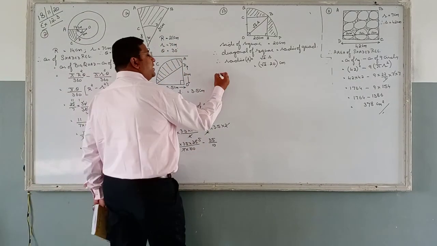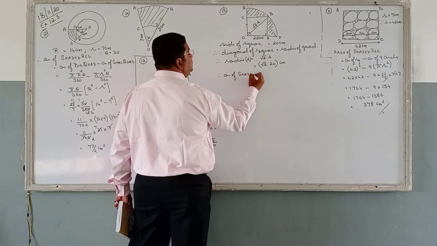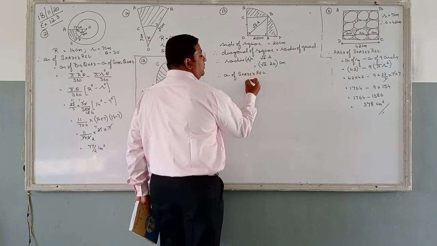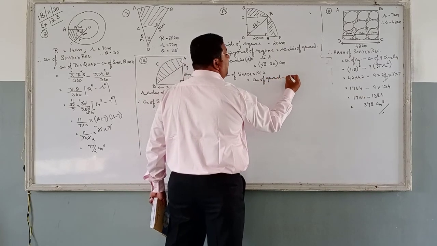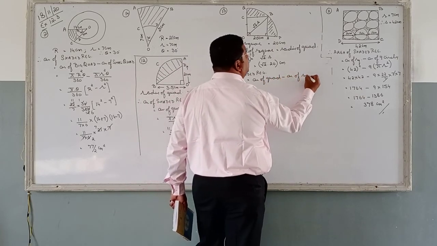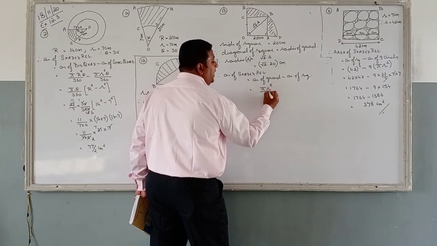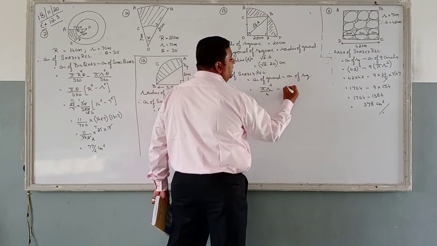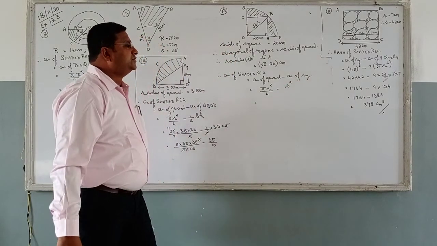So now area of shaded region. Area of shaded region is equal to area of quadrant minus area of square. So area of quadrant pi r square upon 4 minus area of square, s square. Substitute it.